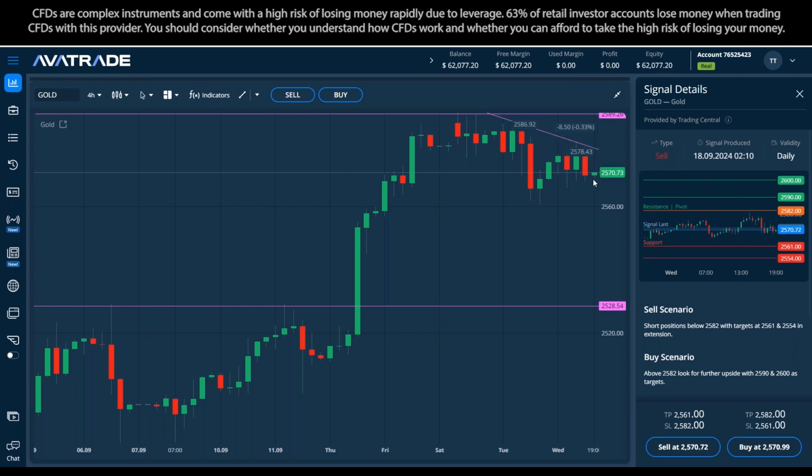And so if this is going to come down, this is the first area in the signal for a short-term trade. Right in this area, this is the support level that they're saying here you might take profit on. 25.61, and that's the first spot they say maybe take profit on this sell signal.